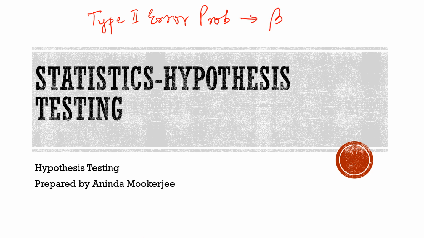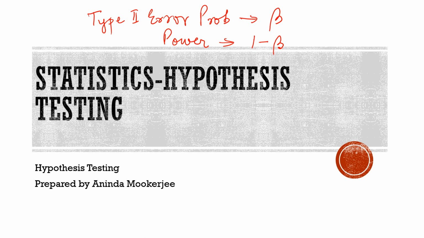Along with type 2 error probabilities we also have another associated measure. It's called the power of a hypothesis test, and that is really 1 minus whatever the type 2 error probability or beta is.